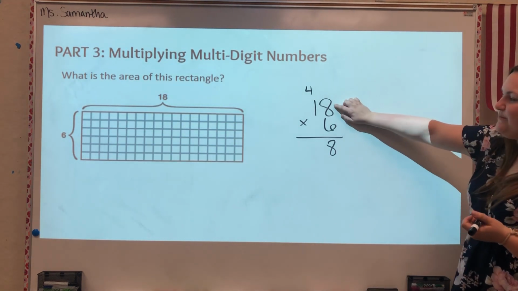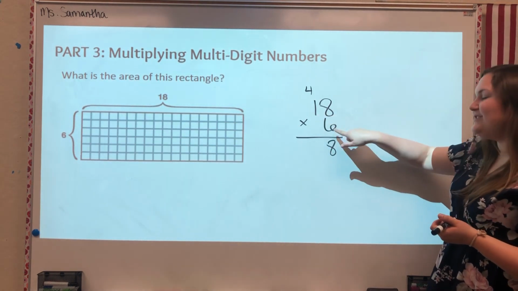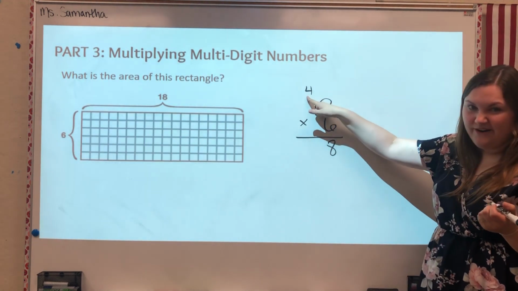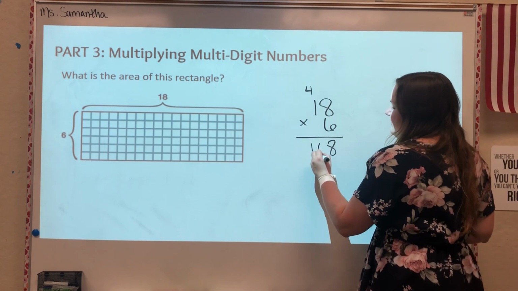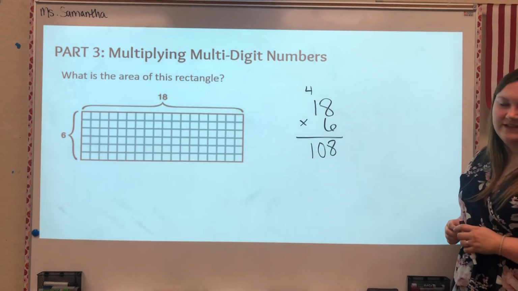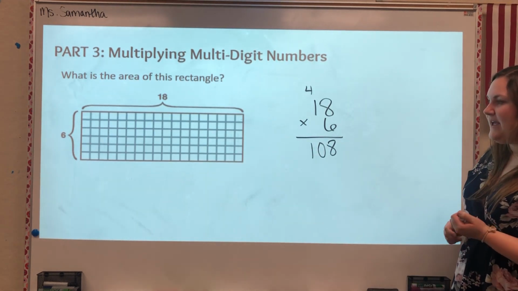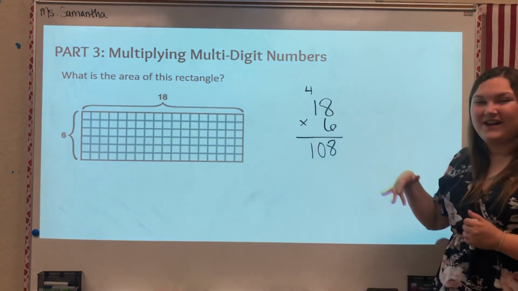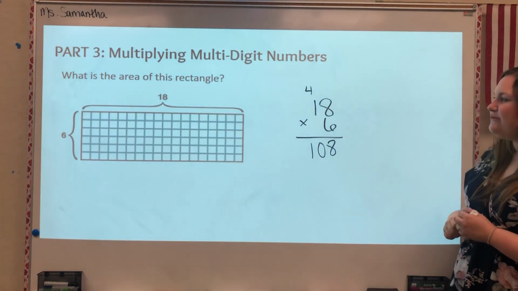And then after you multiply these 2, 6 times 1 is 6, plus the 4 would give you 10, and then writing our 10 there. So we get 108.